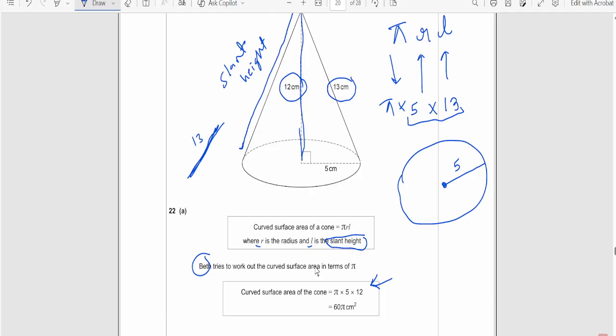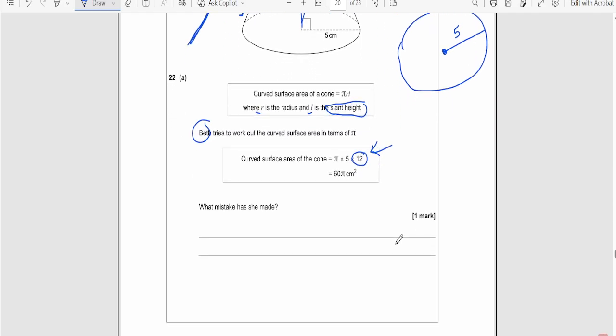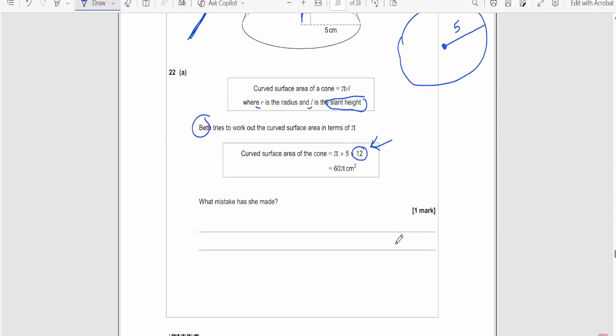So in place of 12, she should put 13, because this is not the normal perpendicular height, it is the slant height, which is 13. That is the mistake. So you can write: slant height is equal to 13, not 12.